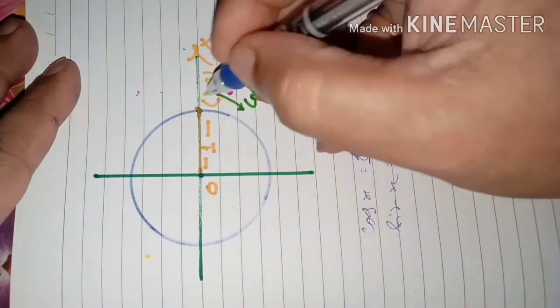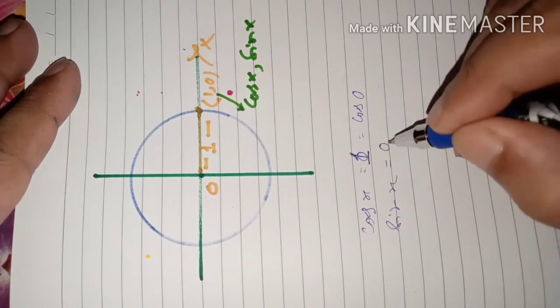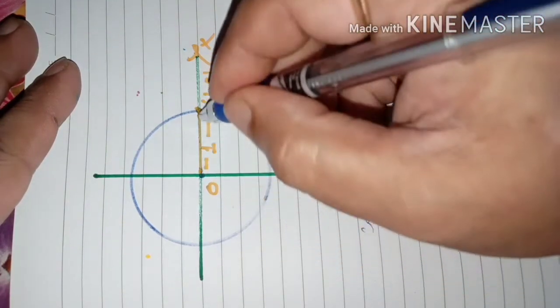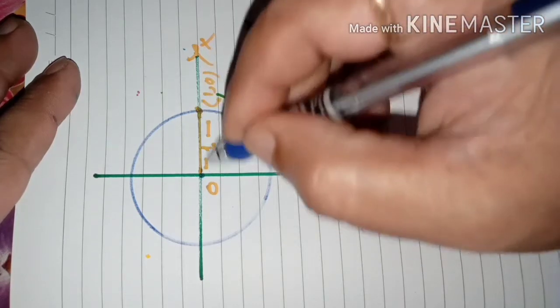Cos x is 1, sorry, cos x is 1, which means cos 0 is 1, and sin x is 0, that is equal to sin 0 radian, because this ray is here only, in the initial position, and it makes no angle here.